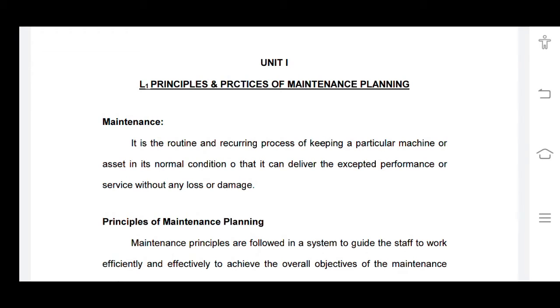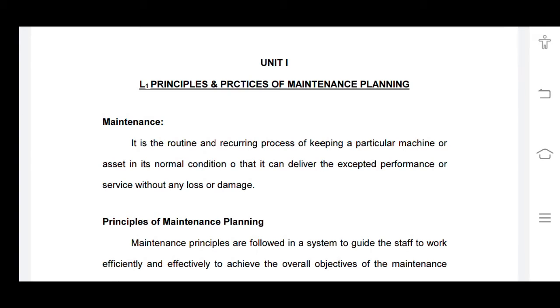After that there comes a maintenance supervisor and maintenance engineer. After that there is maintenance technician. Okay students, this is the hierarchy of our organizations. So there is very much importance of the maintenance engineer in any industry.